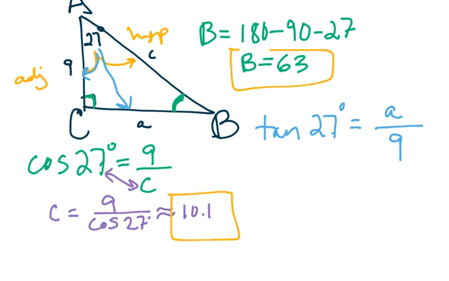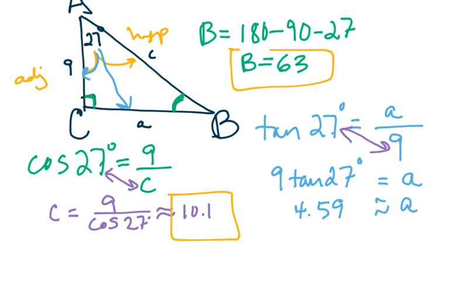Then if I solve for a, basically what you're going to do is multiply both sides by 9, so I have a equal to 9 times the tangent of 27 degrees, and so I grab my calculator and I get 4.5857, and so on. So I may even just go ahead and round that to a is approximately 4.6.